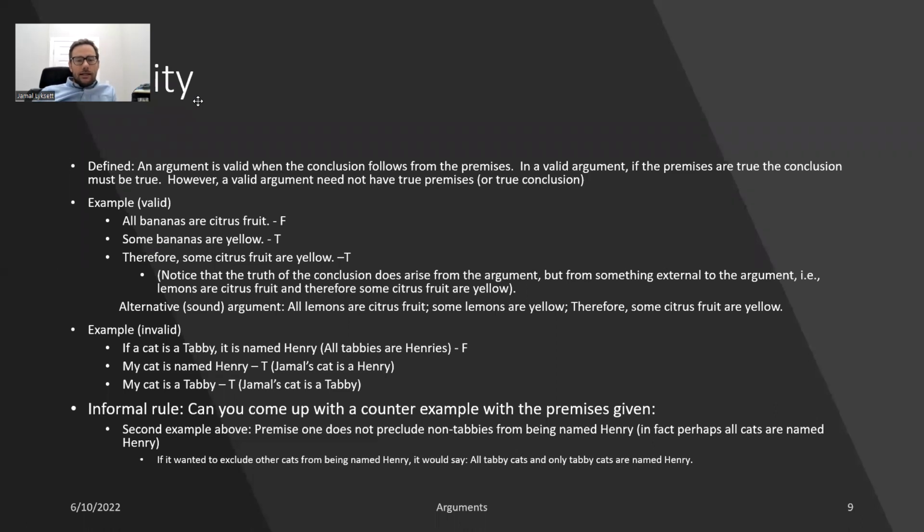So what about validity? Validity, again, is when the conclusion follows from the premises. So here's an example of a valid argument. All bananas are citrus fruit. Some bananas are yellow. Therefore, some citrus fruit are yellow.